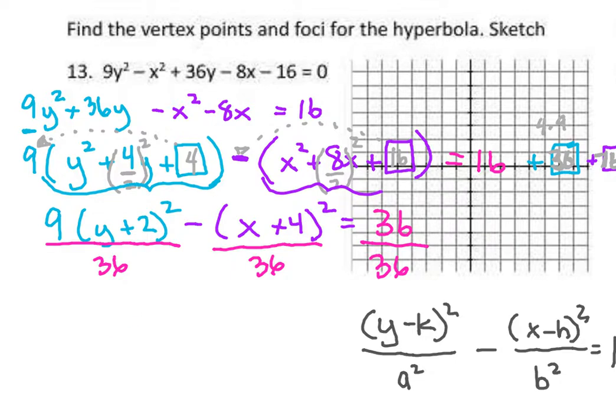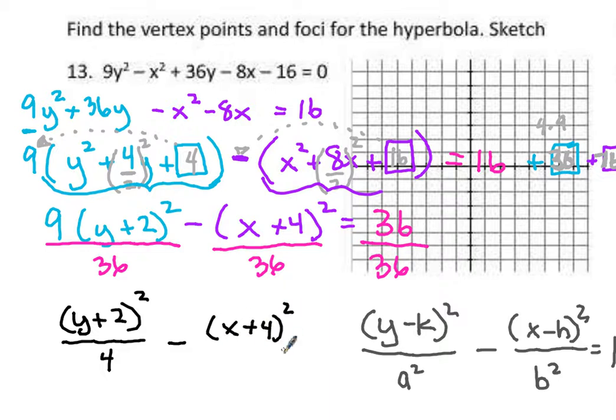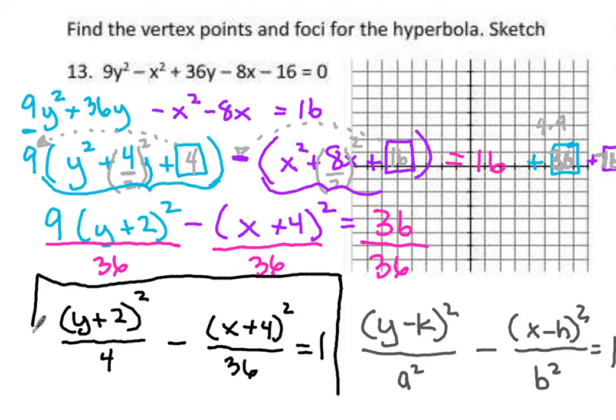Which gives me a final equation of y plus 2 squared over 4, so 9 and 36 reduce here, minus x plus 4 squared over 36, and that equals 1. So there's your standard form for your hyperbola.